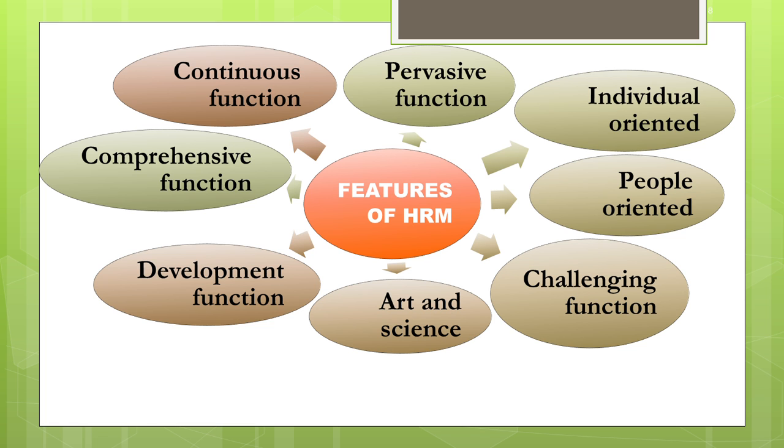You are a procurement manager, but there are people under you in your department. So you are the one who will help us when we are doing promotions, training, and discipline. So each and every manager will find themselves doing the human resource function. So it is a pervasive function.